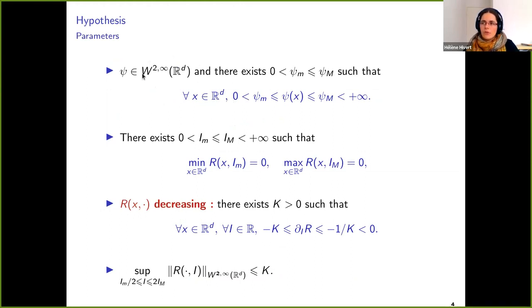As I said, the function psi, which is in I, has to be smooth and bounded. It's not very important. It's only technical, but you can consider that psi is 1. There is no loss of generality.